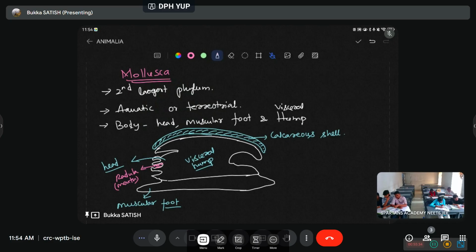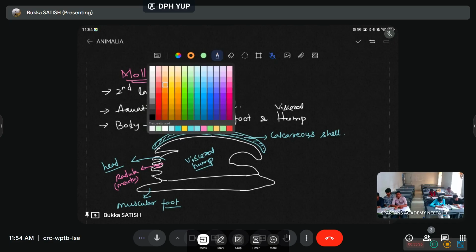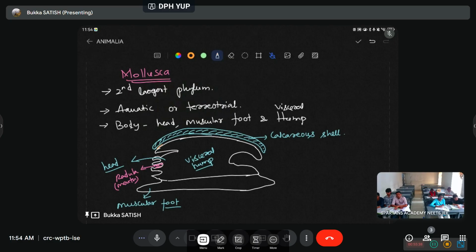Next, just below the shell, on the top of the body here, there is a muscular fold of skin called mantle. The upper side, or dorsal side, of the body has a fold, which is called mantle. Below the mantle, this cavity is what we call mantle cavity.